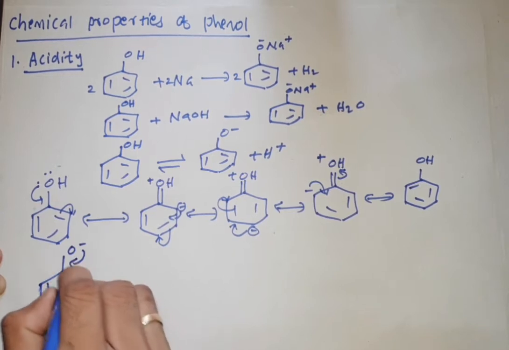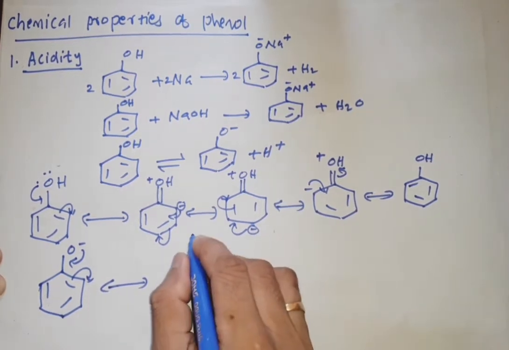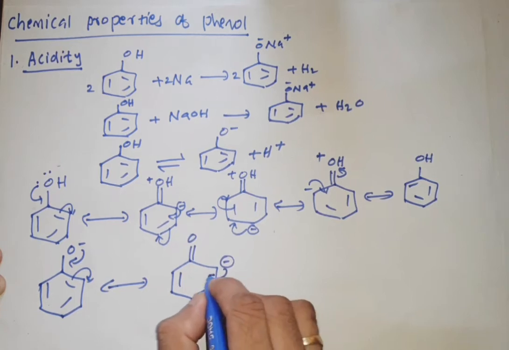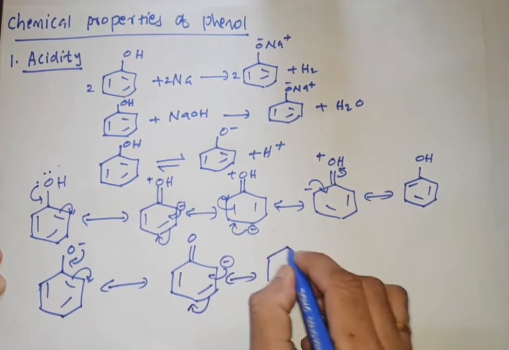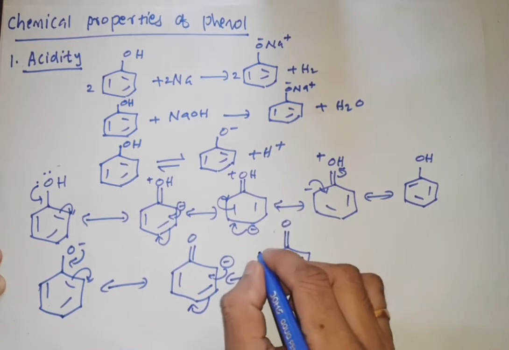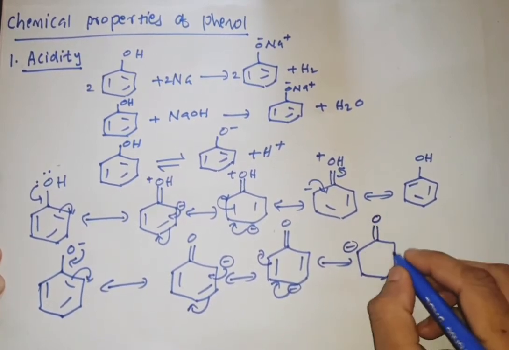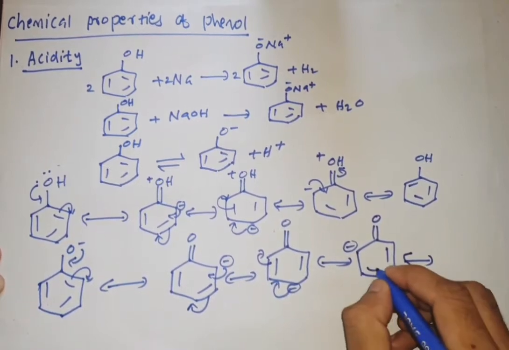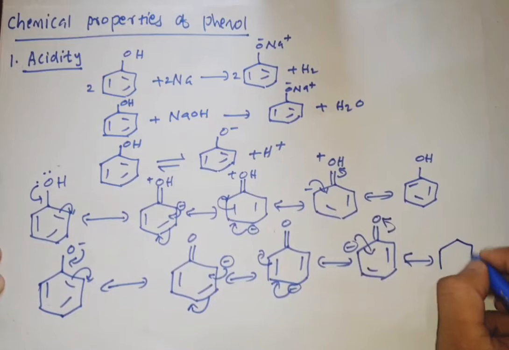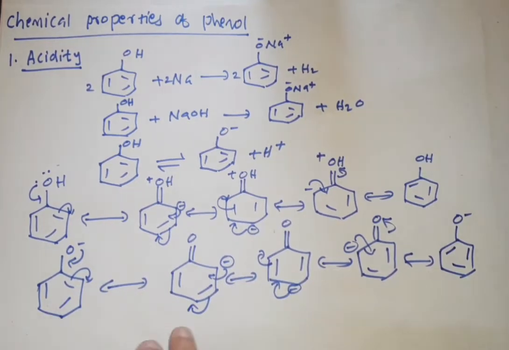This is phenoxide ion. This is the resonance structure of phenoxide ion, and these are the resonance structures of phenol.